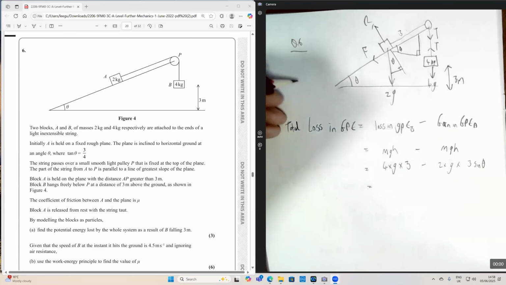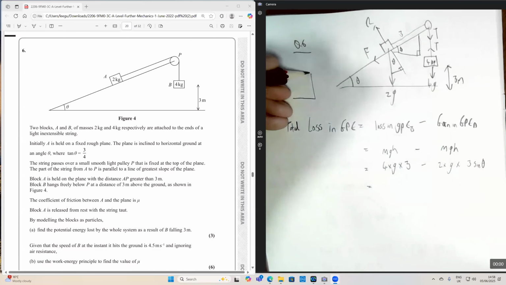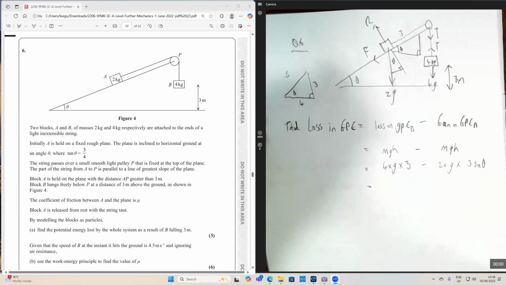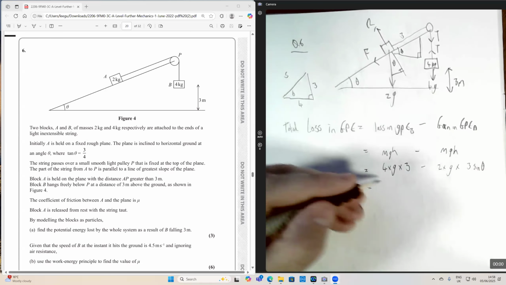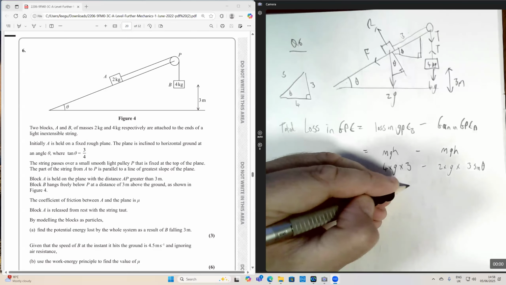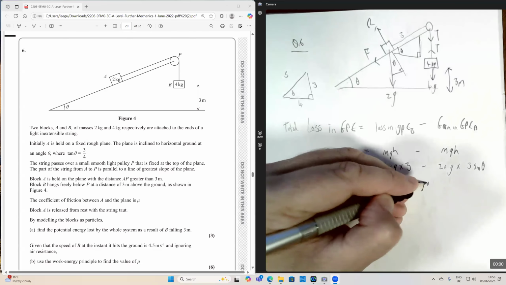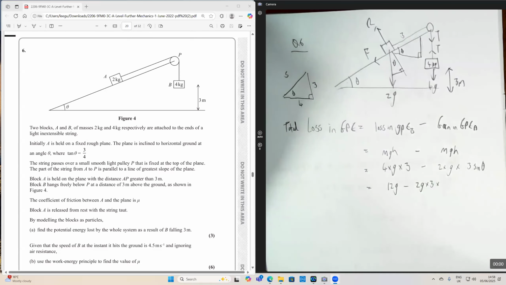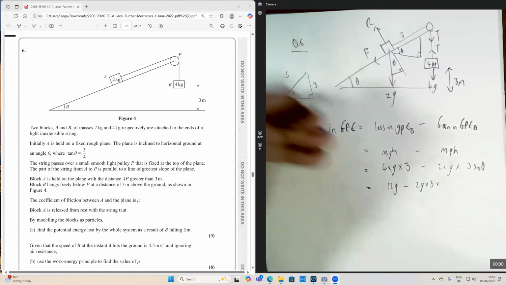Now, what have we got here? We're told that tan theta is equal to 3/4. So if we have our picture here, there's our theta. Opposite over adjacent is 3/4. So we've got a Pythagorean triple, 3, 4, 5. So sine is opposite over hypotenuse. So we're going to have 12g minus 2g times 3 times sine theta, and sine theta is going to be 3/5.